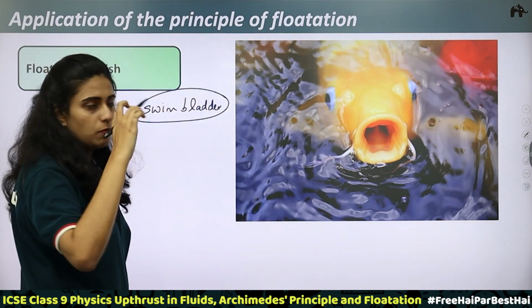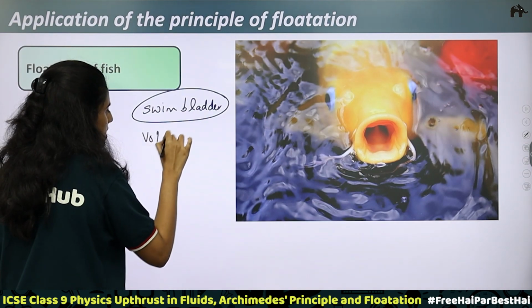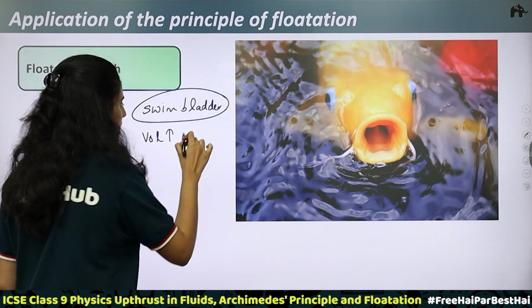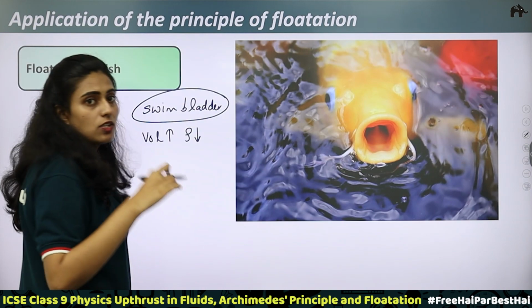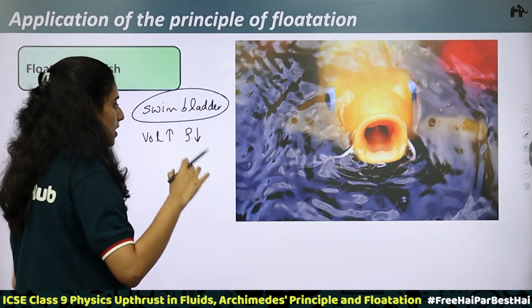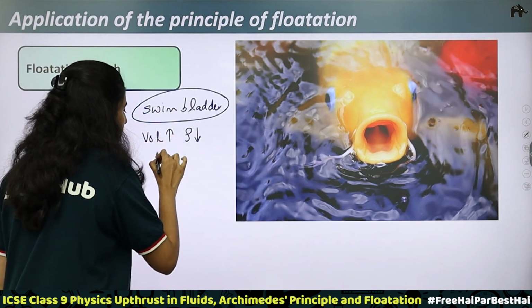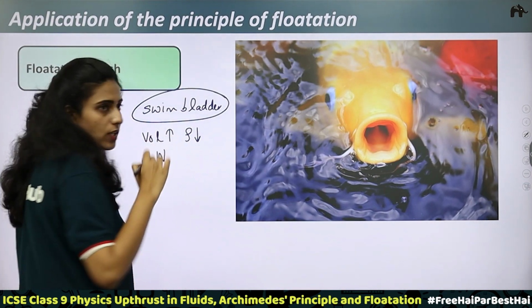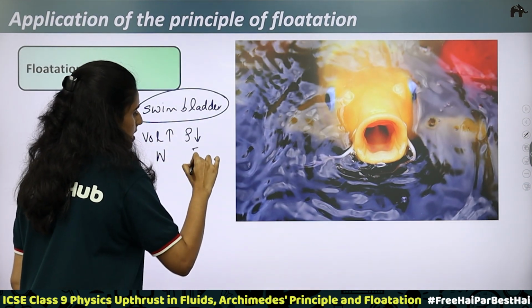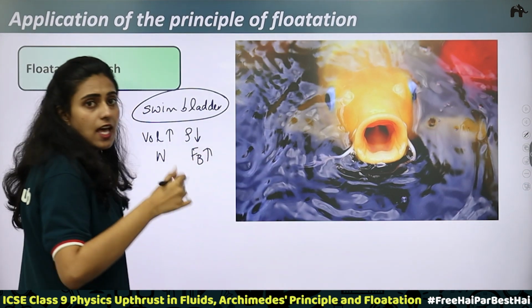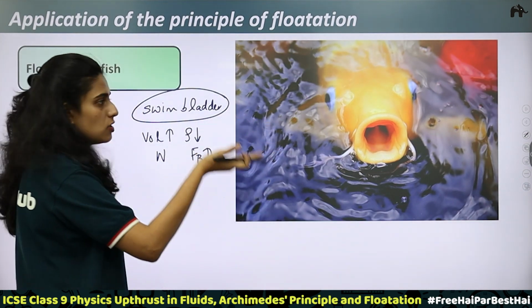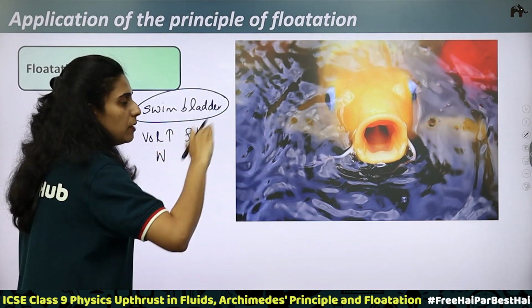So when it fills the swim bladder, the volume is increasing. When volume is increasing, density decreases. So when density decreases, the fish will be able to rise. Okay, because here the weight and upthrust, when compared, the upthrust is increasing. Upthrust increases and the body will move up. Okay, so the fish will be able to swim easily. It will be able to float.